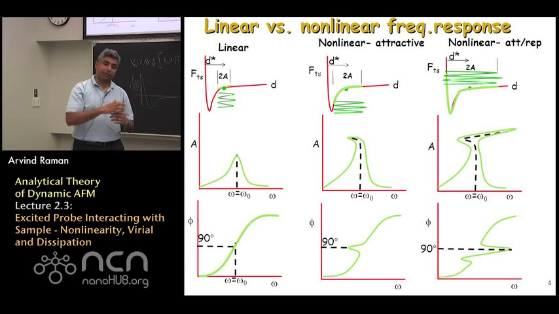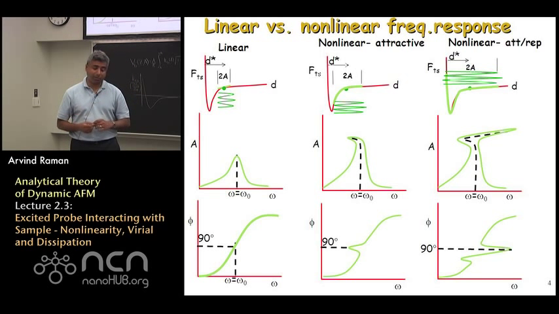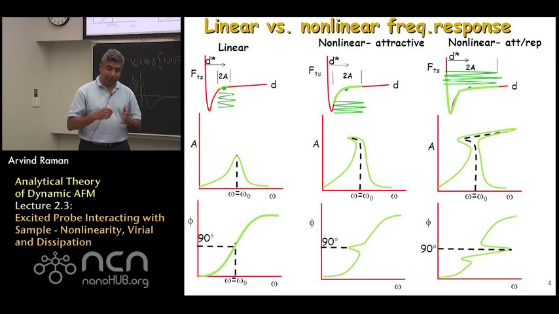There's a nice peak, it goes down, and the phase has this nice canonical behavior, going from 0 to plus 180 degrees of phase lag when you go above resonance. But remember, as we tune the frequency from low to high, the maximum amplitude, even at the peak, needs to be much smaller than d star, which means the peak amplitude needs to be less than an angstrom for us to be able to think of nice canonical resonance peaks like this.